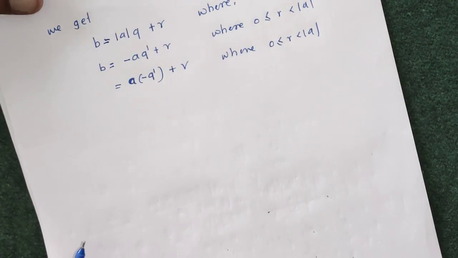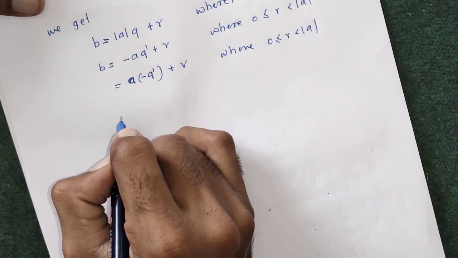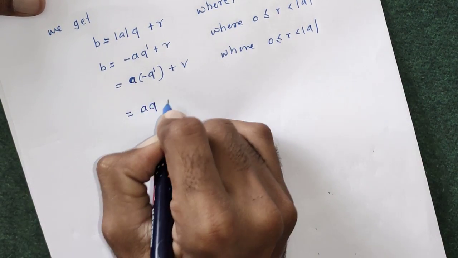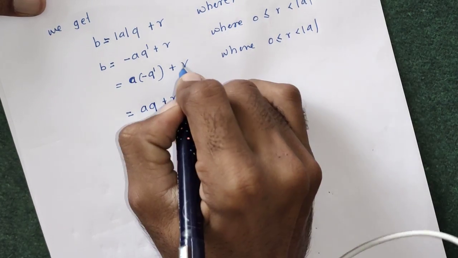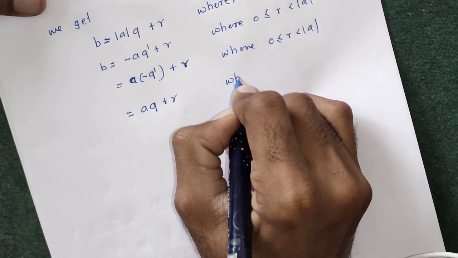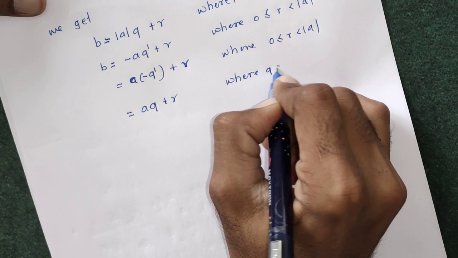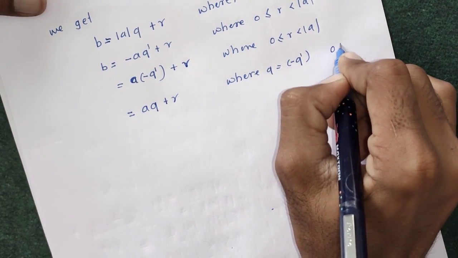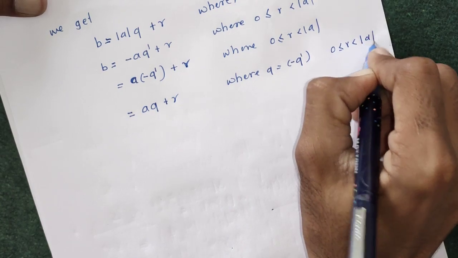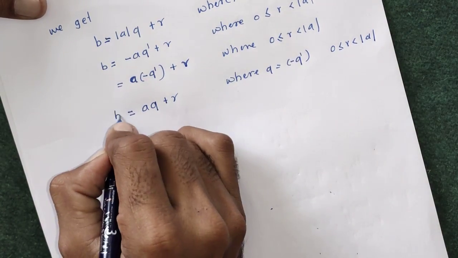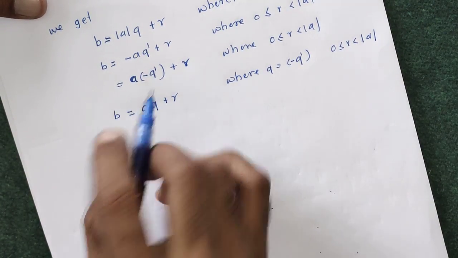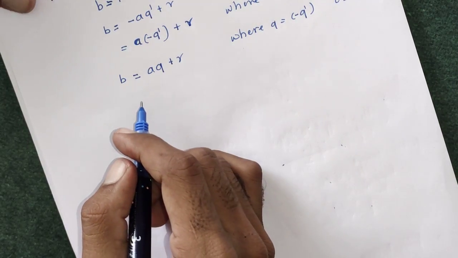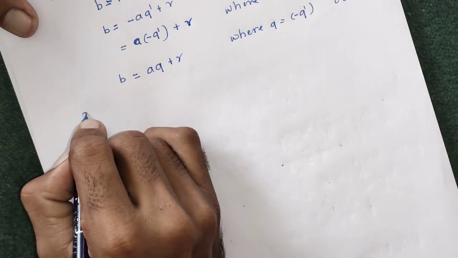Just making some simplifications here, which is equal to a into some q plus r, where q is equal to minus of q prime and 0 is less than or equal to r is less than mod a. So our result is proved for the case of minus a.